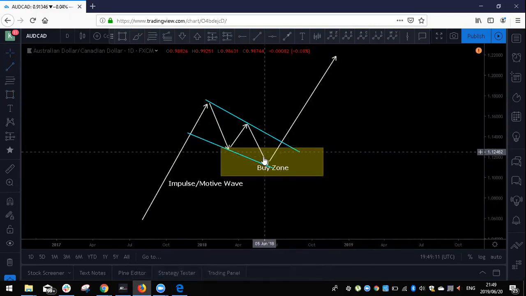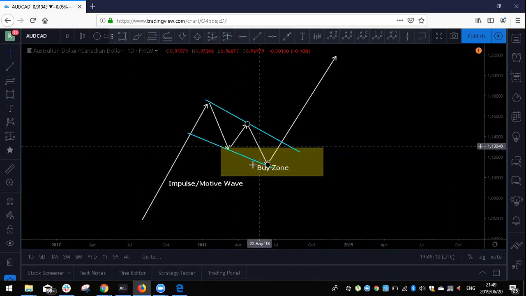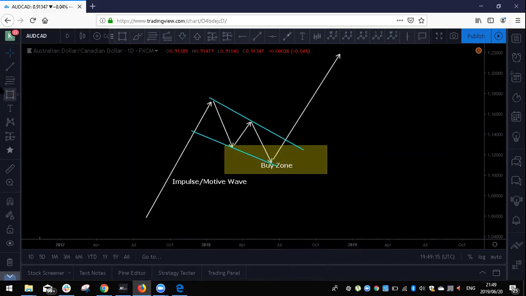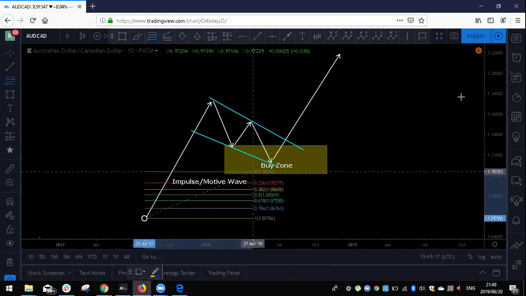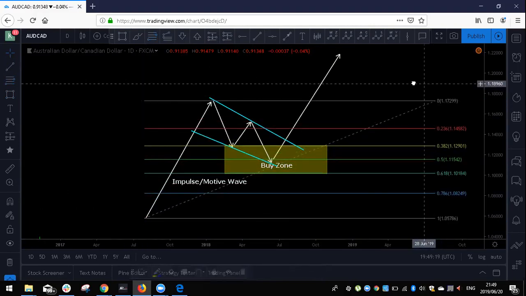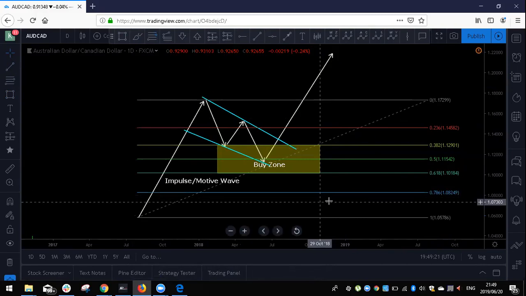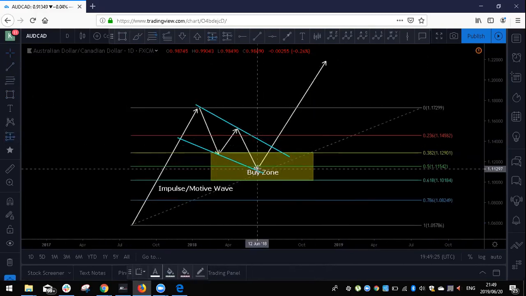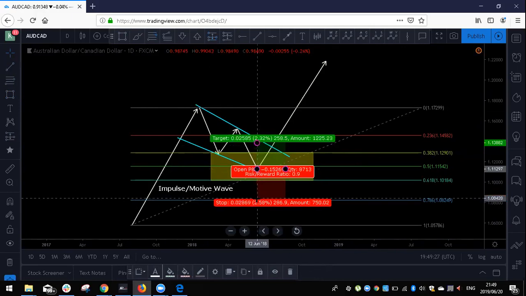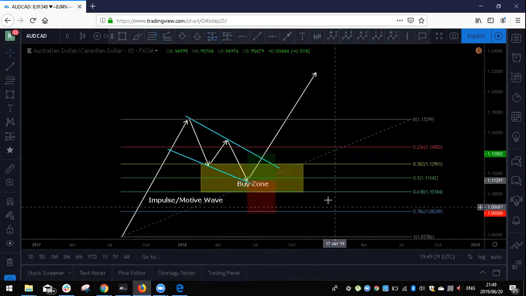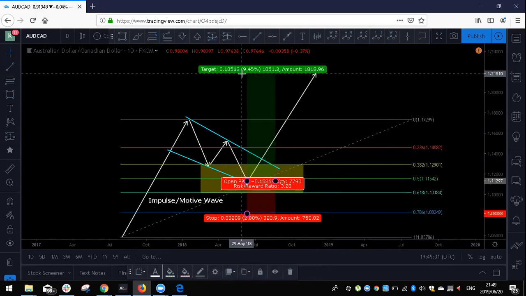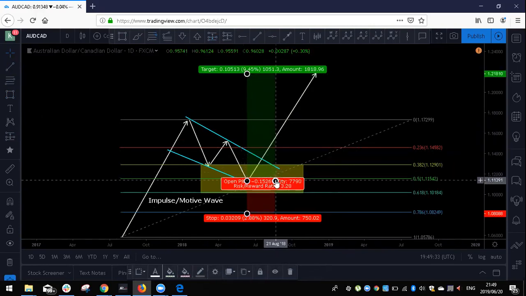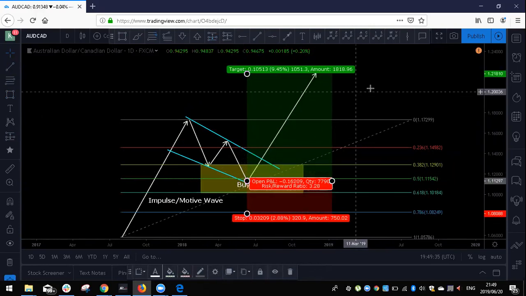Okay. So in this box, if you take a buy, you get the best risk reward. We have our zones, and we said below 78.6 it's a reversal. So if I take a buy from there, I'm gonna put my stop at 78.6, just so I don't get taken out unnecessarily.